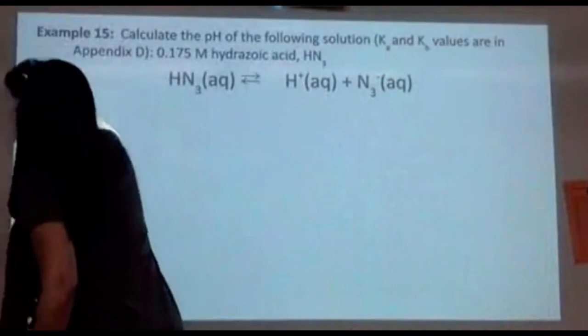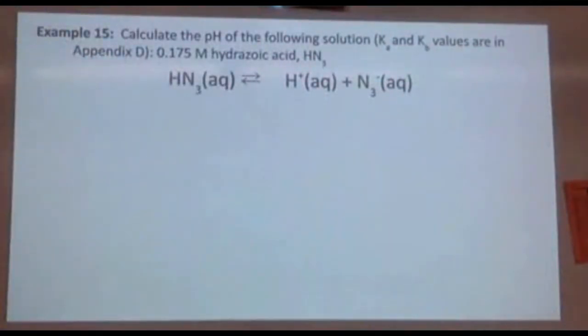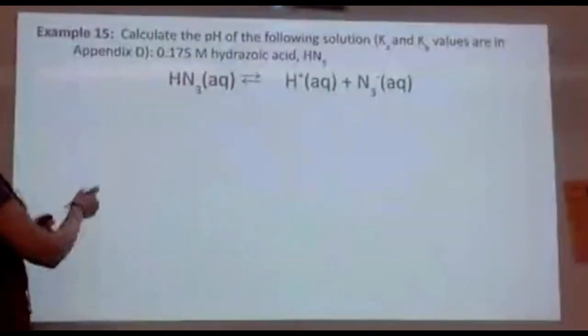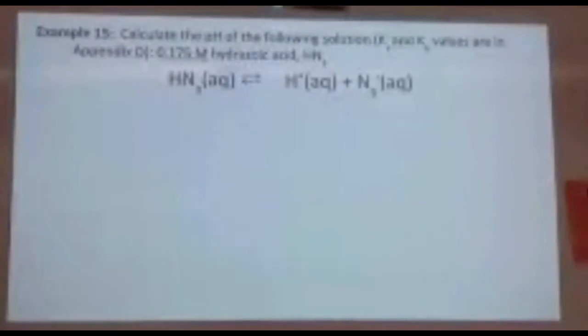So example 15. There aren't a lot of them, but I didn't have a number written down for 15. So example 15, calculate the pH of the following solution: 0.175 molar hydrazoic acid, HN3.